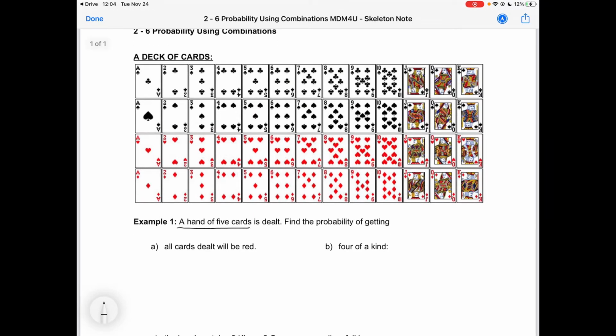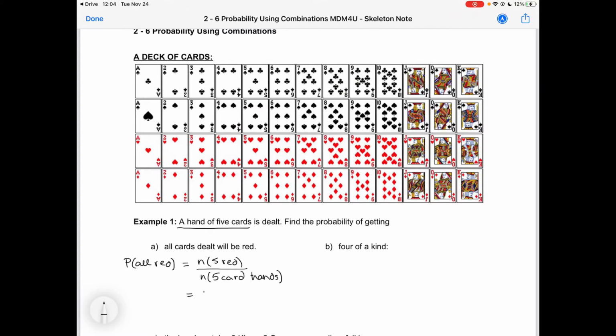So here you have a hand of 5 cards, and you want to find the probability that all of your cards are going to be red. So we need our number that all cards are going to be red, and we're going to divide by our number of 5 card hands. This is where we need to use combinations.